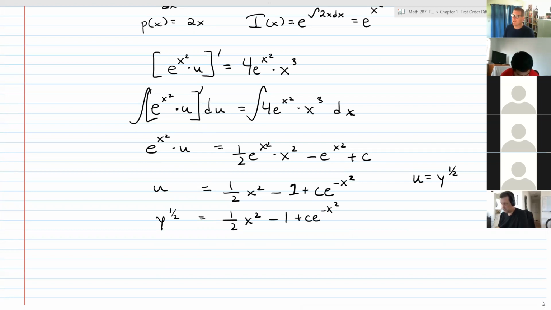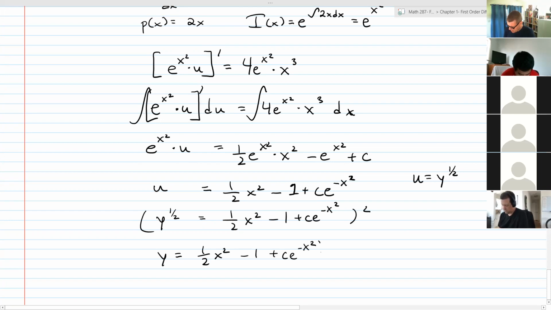Then we'll just square both sides, so y equals 1/2 x squared minus 1 plus c e to the negative x squared, all squared.